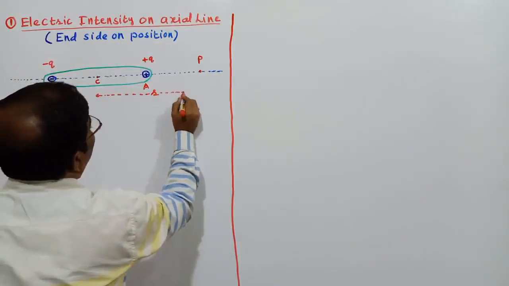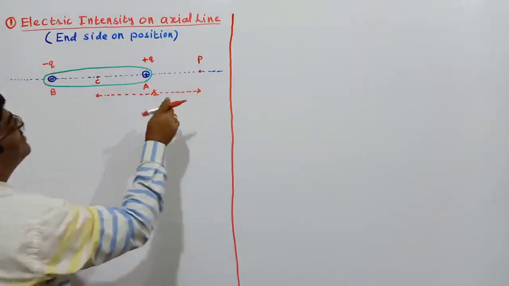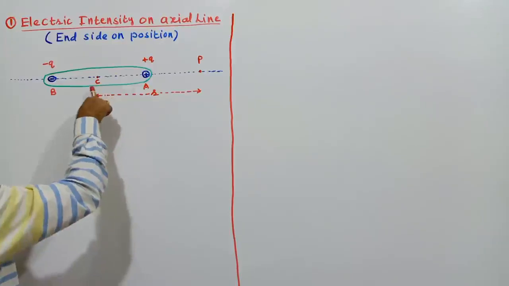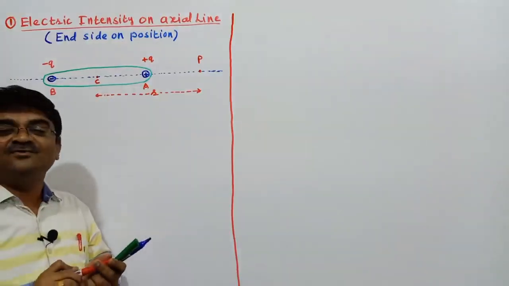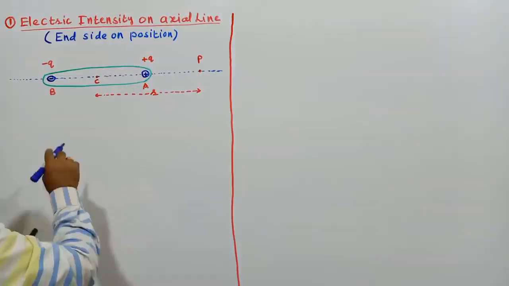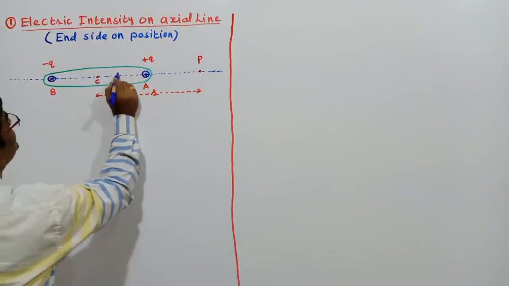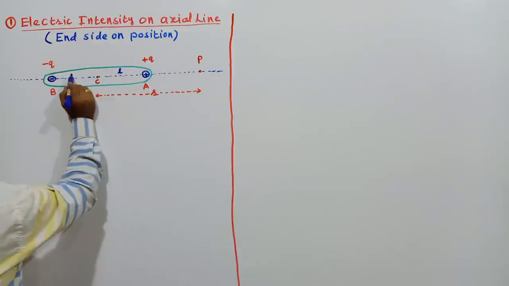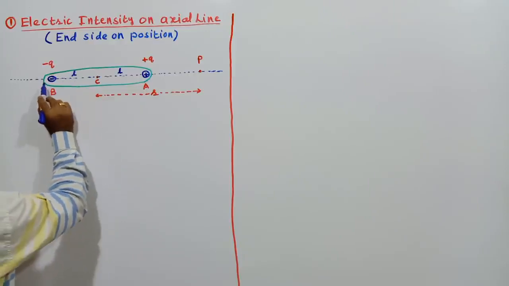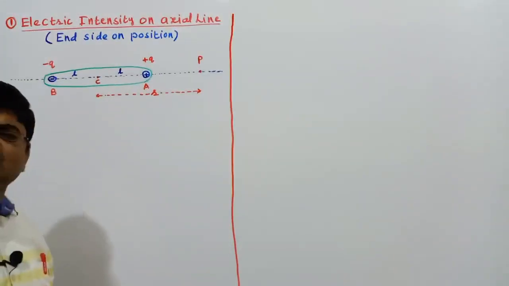from, look here, again I am mentioning this distance with respect to the center of the dipole. And I have already mentioned the location: the positive charge of the dipole is at a distance here, the negative charge of the dipole is at a distance here. Separation AB is 2L, you can say.